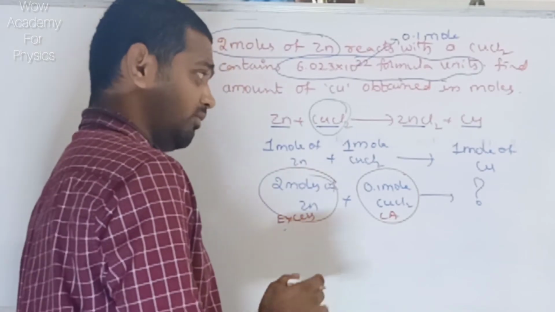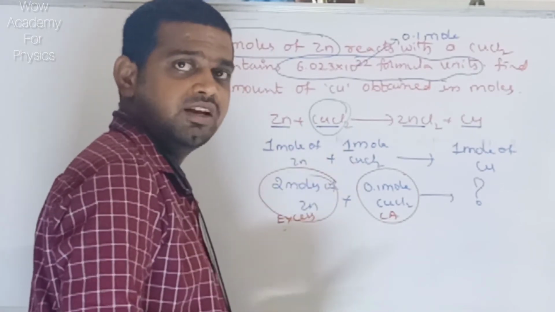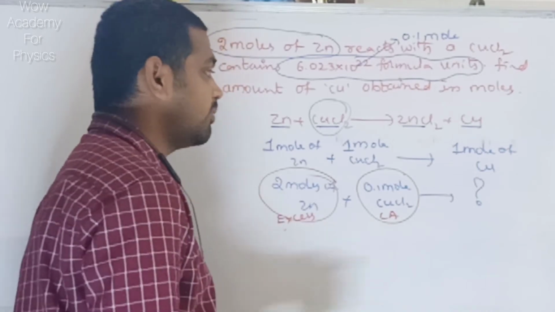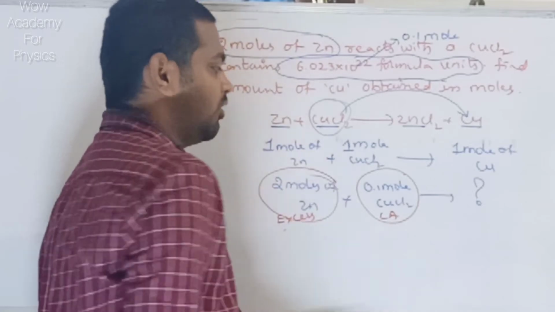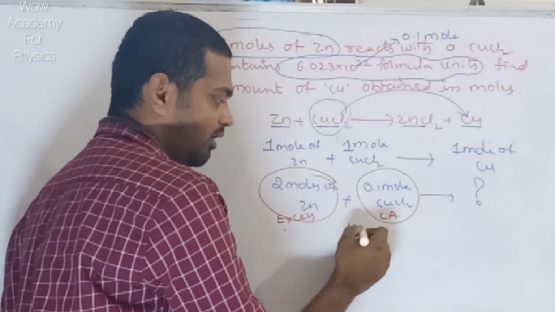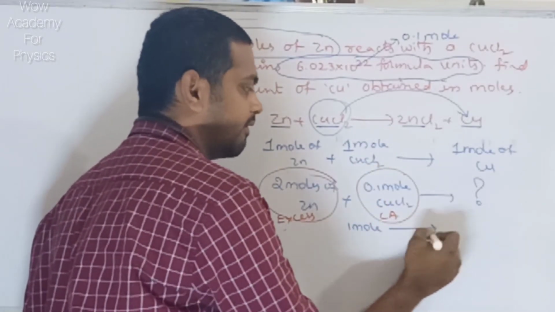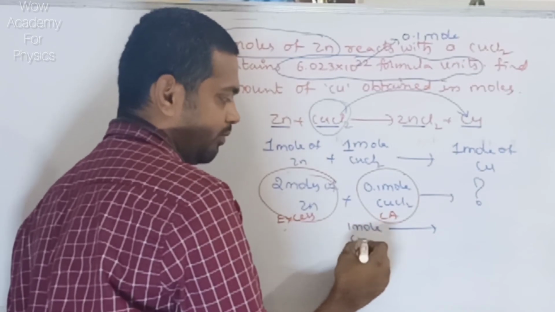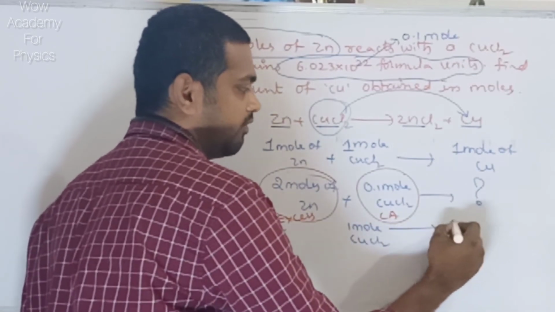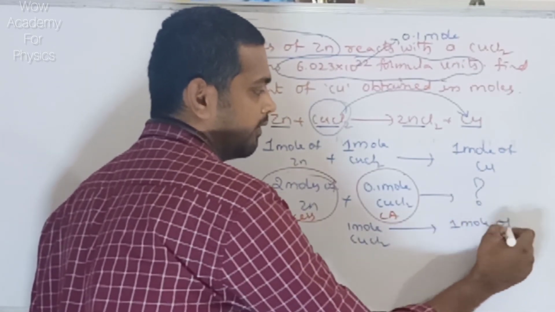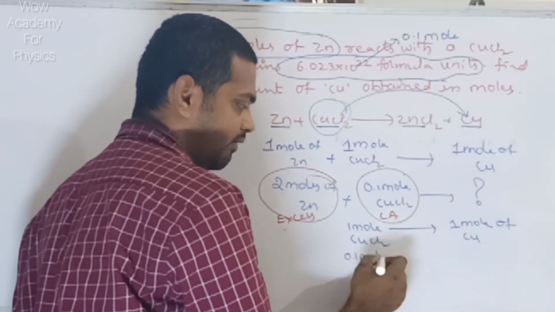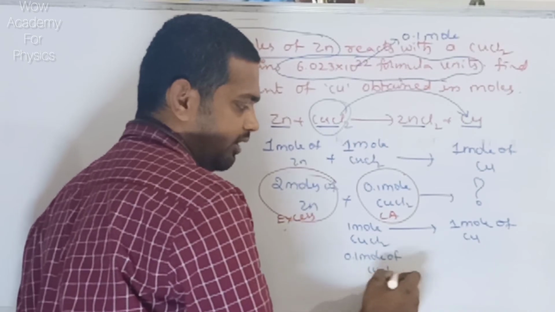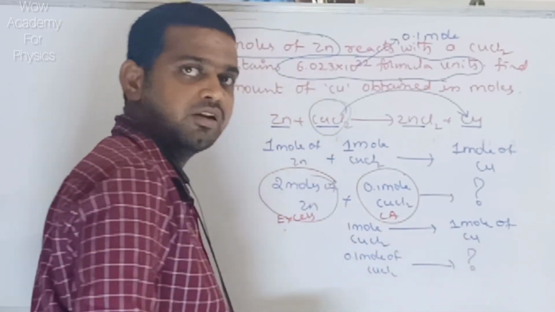So we found the limiting reagent. The next step is to establish the relationship between the limiting reagent and the output. 1 mole of zinc and 1 mole of cupric chloride produce 1 mole of copper. If you have taken 0.1 mole of cupric chloride, then how many moles of copper will you get?